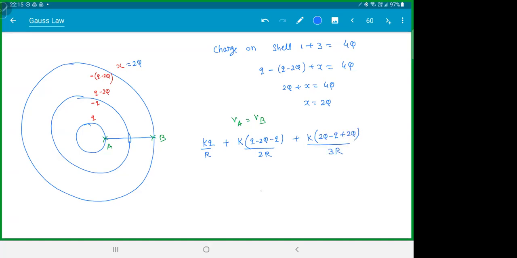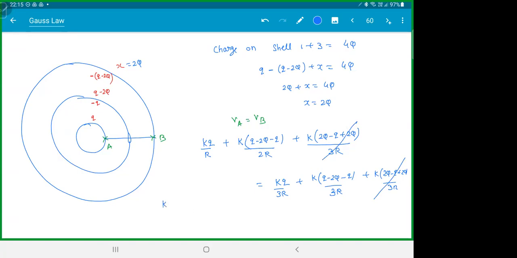This is the potential at A. KQ by 3R is the potential at B due to the inner shell. K times minus Q, 2Q minus Q by 3R, because the point is outside. K, 2Q minus Q plus 2Q by 3R. This and this will cancel off.